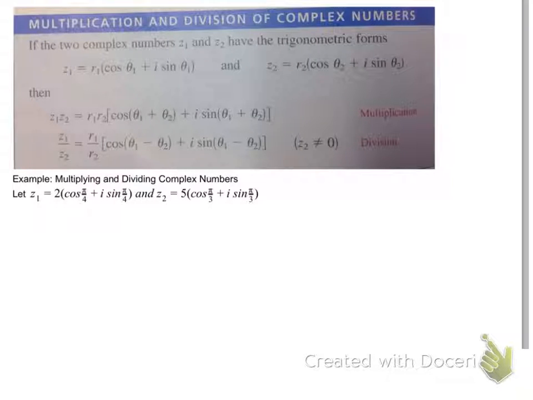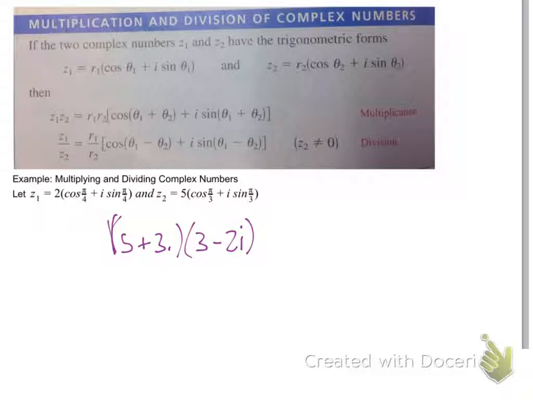So the next group of things that we need to do is multiply and divide with complex numbers. Now, I'm hoping everybody would be able to say, I could take 5 plus 3i, and I could multiply that by 3 minus 2i.